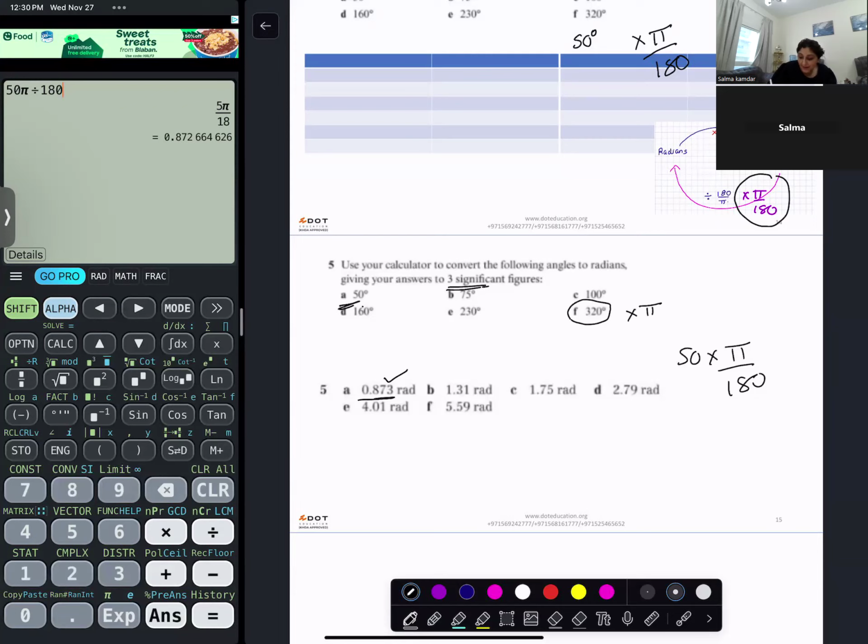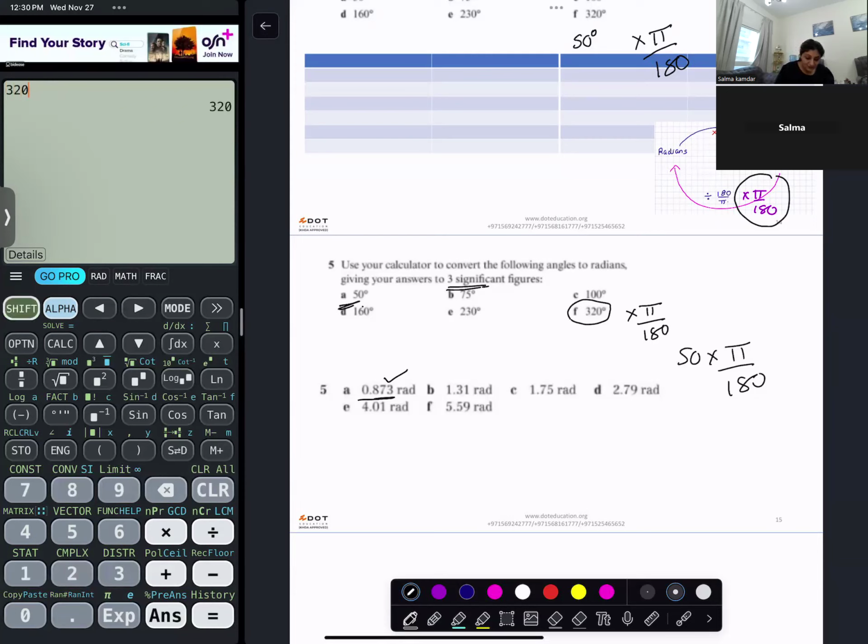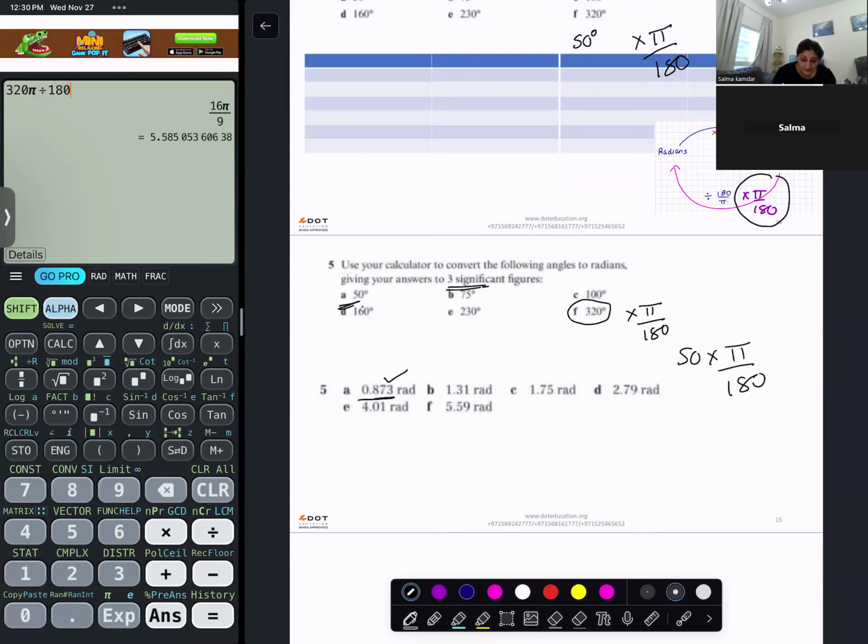I'll take another one, multiply it by pi over 180, degree to rad. So it would be 320 shift pi divided by 180. So this is 5.585 rad.